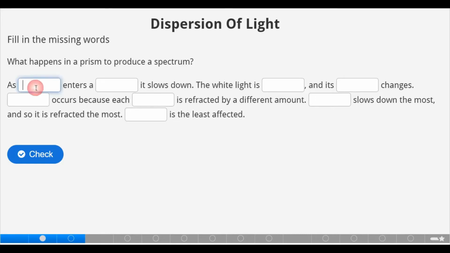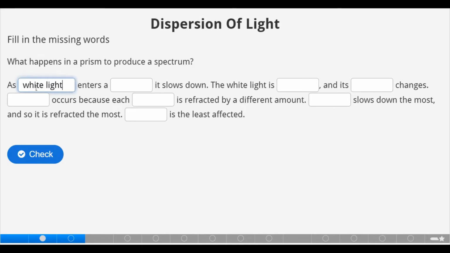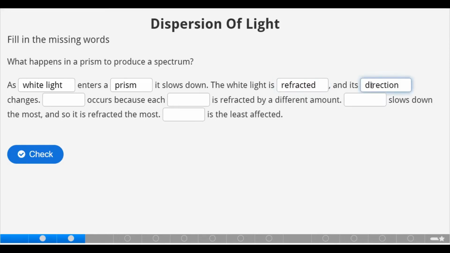As white light enters a prism, it slows down. The white light is refracted and its direction changes. Okay?